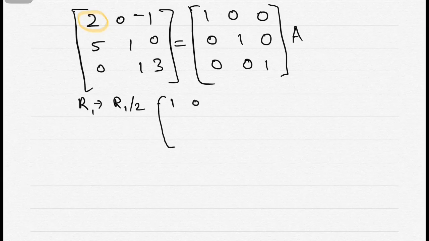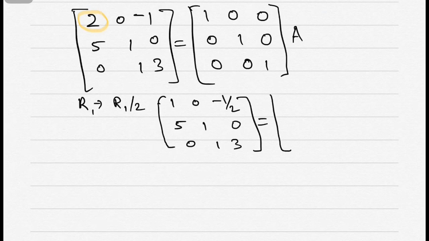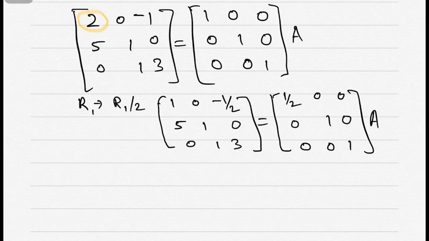We'll get 1, 0, minus 1 by 2. And we are not doing any change in row 2 and row 3, so we'll copy them as it is: 5, 0, 1, 3. On the right side: 1 by 2, 0, 0, 0, 1, 0, 0, 0, 1 into A.